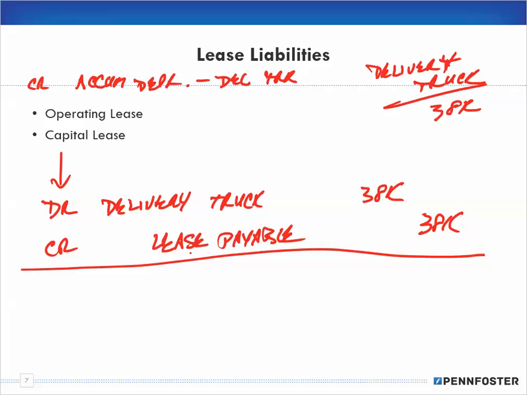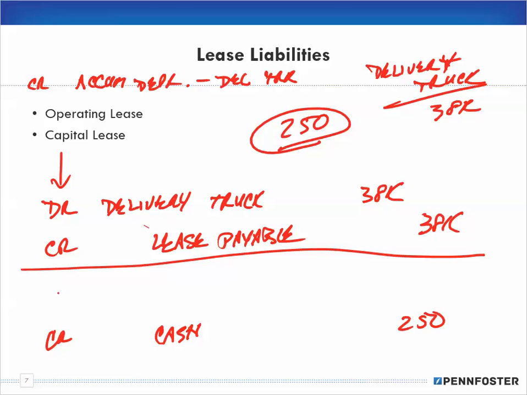And every time we make a payment, all right, let's just make the payment the same $250. Well, when we make that payment, we're going to credit our cash for the $250. But instead, when we debit, okay, we're offsetting our lease payable here.